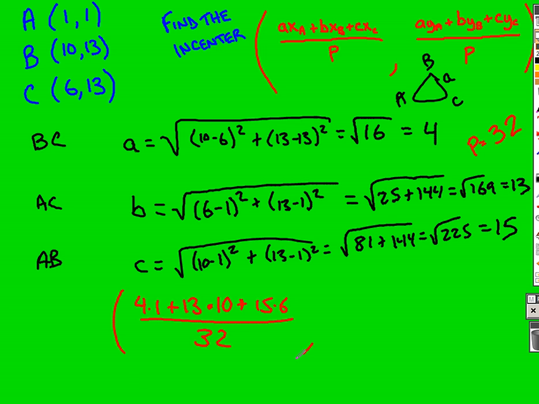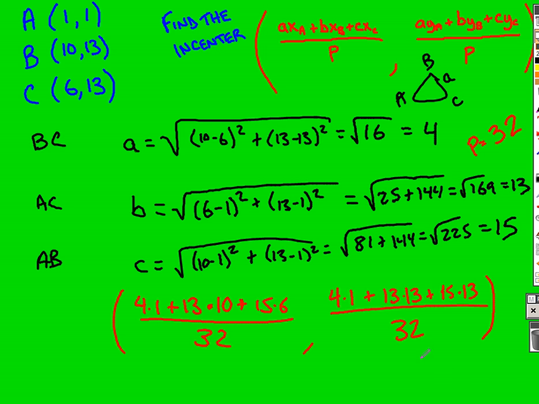I do the same thing for the y values. I'm going to do on here the length of A, which is 4, times the y value for A, which is 1. 13 is the length of B, and 13 is also the y value for B. And then 15, the length of C, times 13 as the y value for C. Again, all divided by 32.